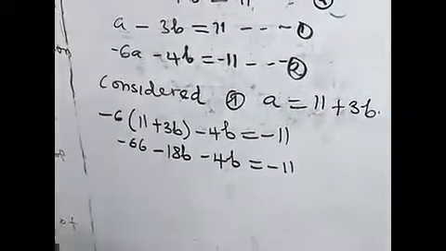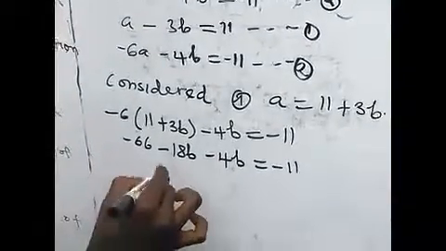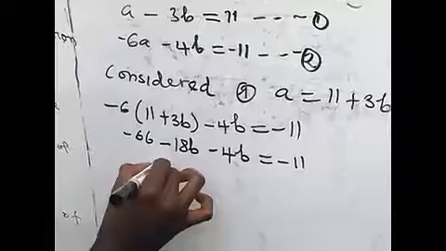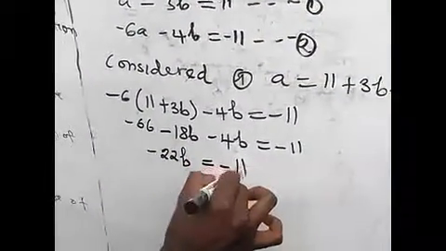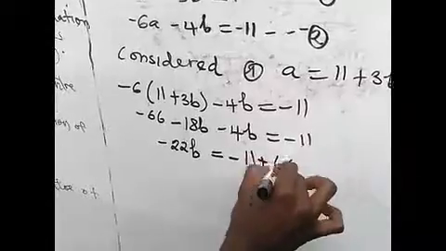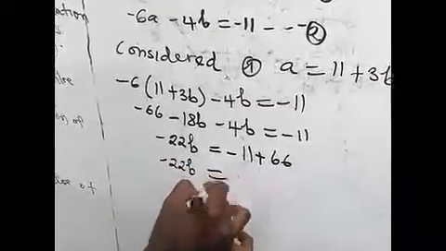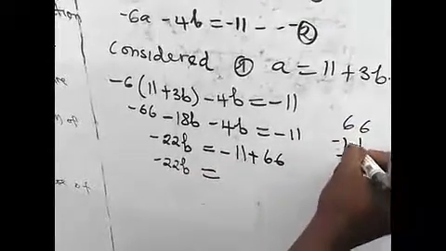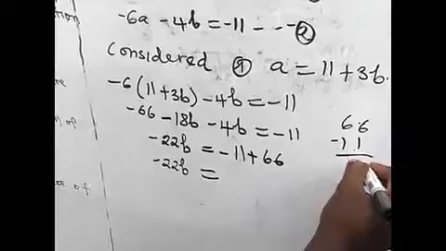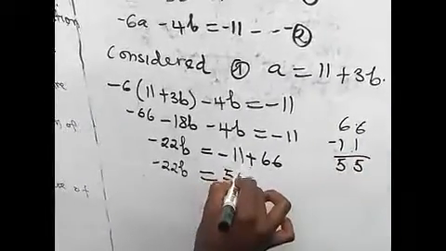So we are going to collect like terms, minus 18b minus 4b, so we are going to have minus 22b equals minus 11 plus 66. So we are going to have minus 22b equals 66 minus 11, so it's going to give us 55.